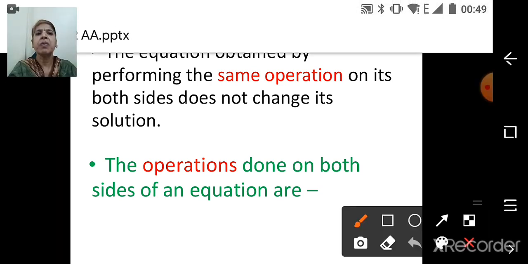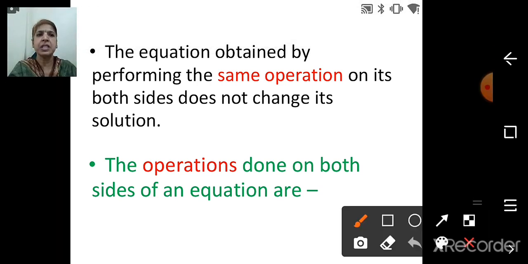And the operations done on both the sides of an equation are, so which are the operations, mathematical operations? Addition, subtraction, multiplication and division. So these are the operations we do.